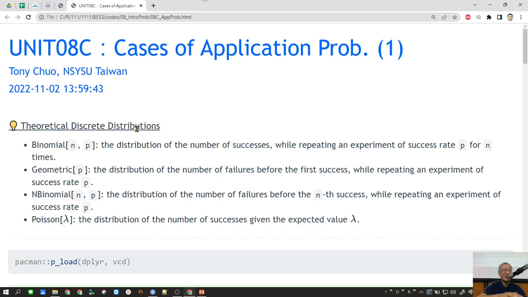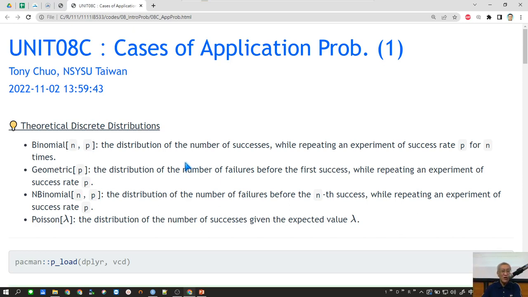Okay, we do not touch discrete distribution. But actually, in business environment, you will see discrete distribution more often than continuous distribution.